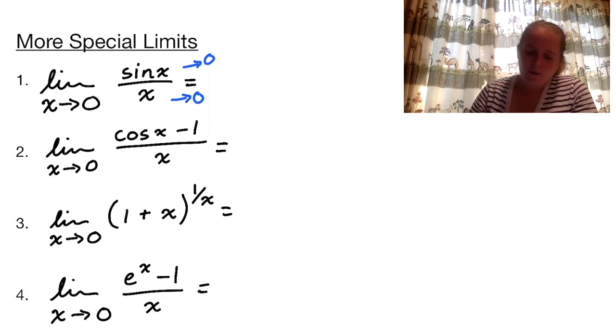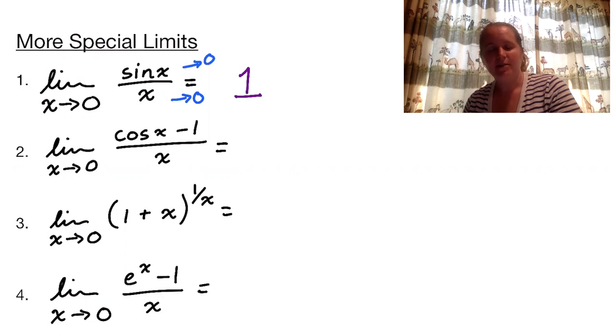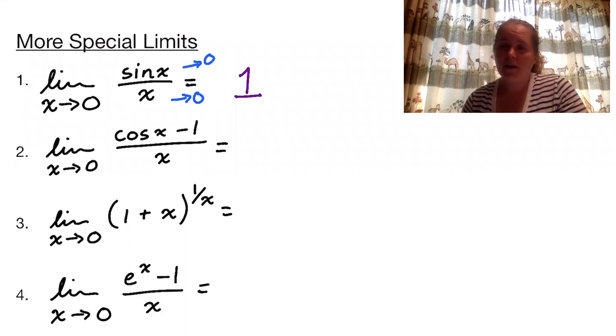It turns out that this limit itself is actually 1. So while the top going to 0 would tend us towards 0 and the bottom going to 0 would tend us towards infinity, it turns out they kind of balance each other out and we wind up going to 1.